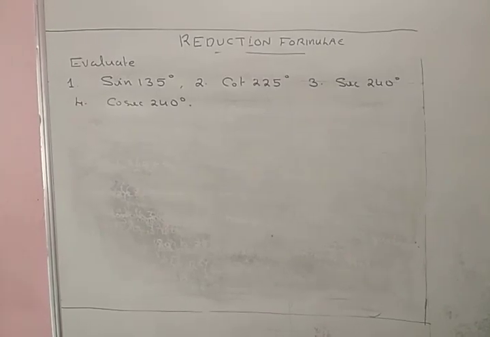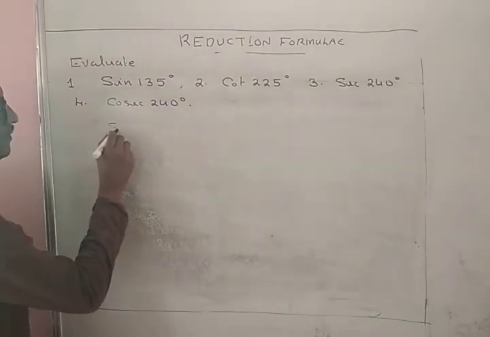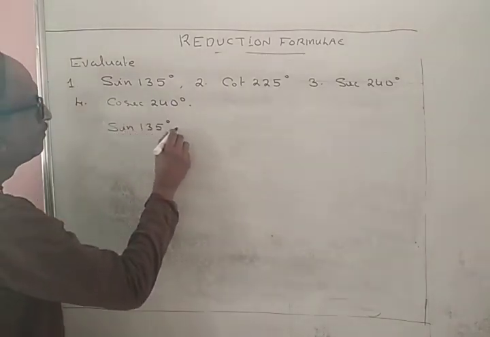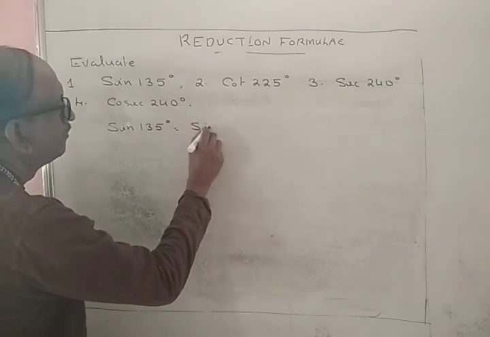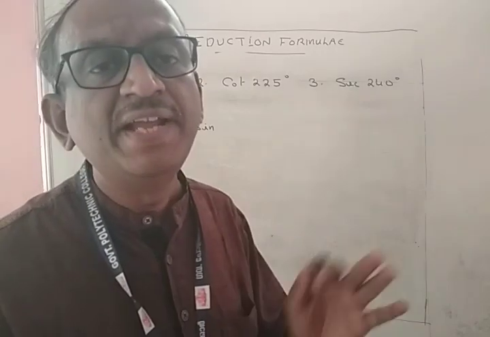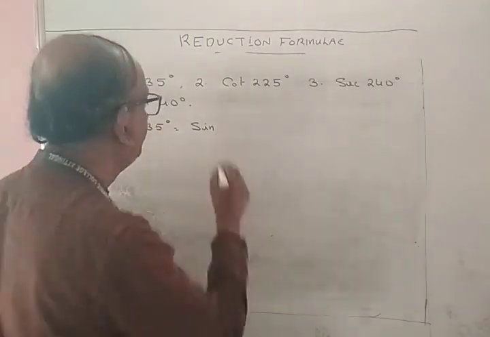Next, problems based on reduction formula. First problem, find the value of sin 135 degree. We can express 135 degree as 180 minus 45.